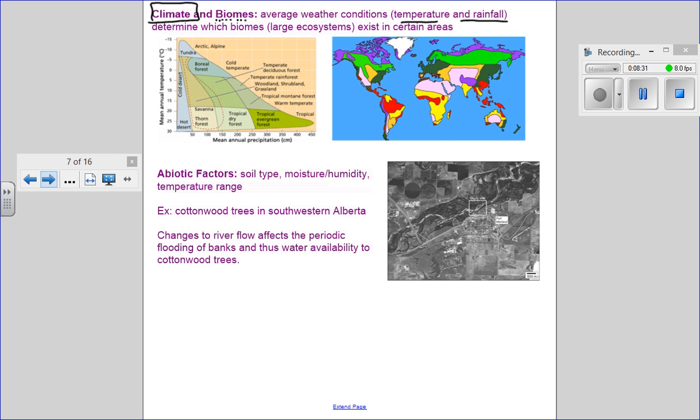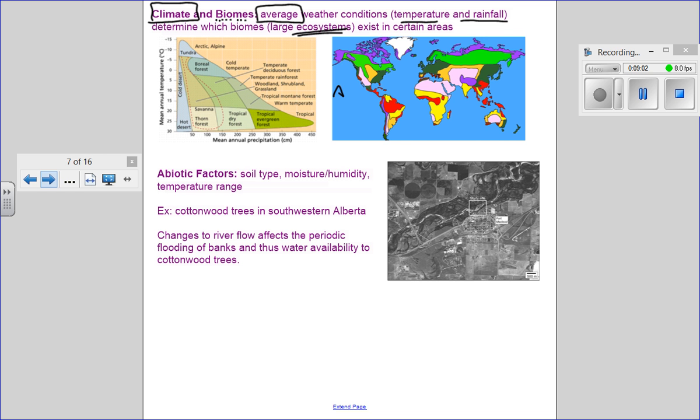I don't need you to give me a lot of specific details about different biomes that exist, but to recognize that they have distinctive average weather conditions. That's what climate is. Climate is average. If I were to talk about weather, I'm talking about today, right now. But climate means the average. Since places have average conditions, this determines which ecosystems can exist in certain areas.